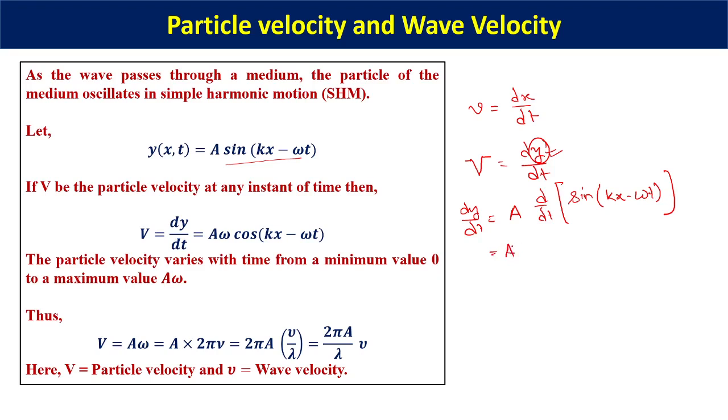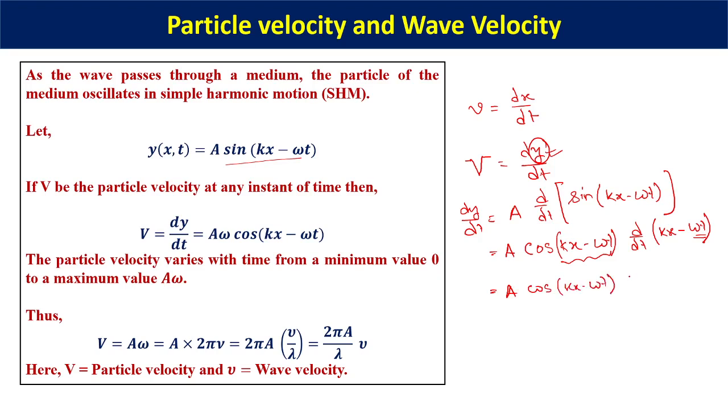The first order derivative of sine gives cosine, so cos of kx minus omega t, but this part is not just time, so I have to differentiate the inside as well. In this case I have only the time part.